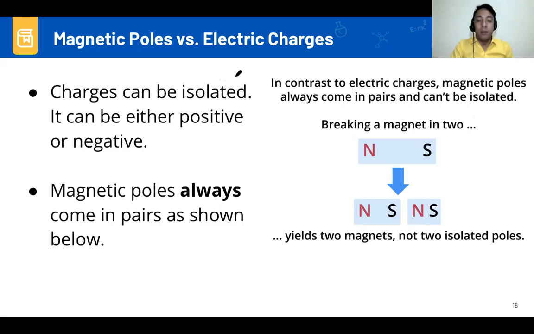Another thing is the difference between magnetic poles versus electric charges. Electric charges can be isolated. What are the two electric charges we have? We have the positive and negative, right?